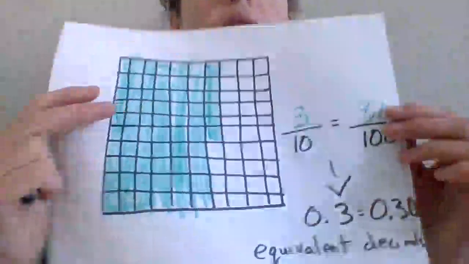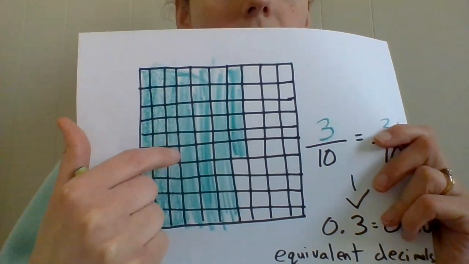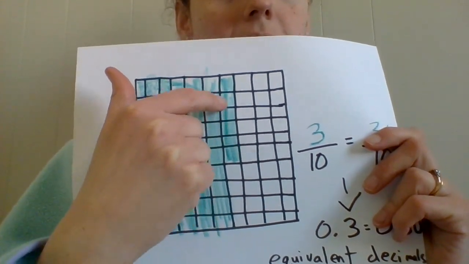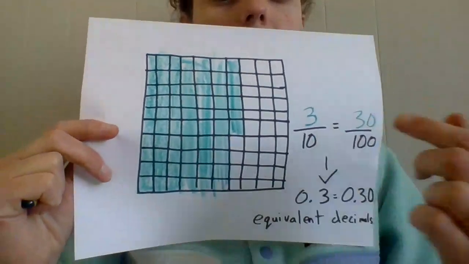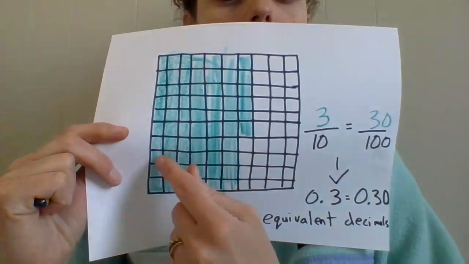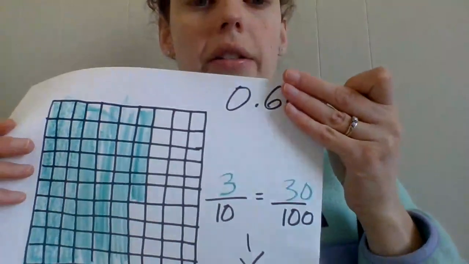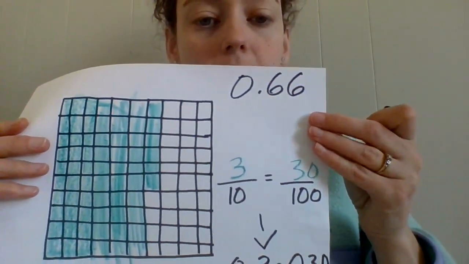Okay, so now we still have 1, 2, 3, 4, 5, 6. And then 1, 2, 3, 4, 5, 6. Okay, so now we don't have enough to make another 10th. We have 6/10 plus 6 more hundredths. So how would we write that? So that's going to look like this. 0.66. So we've got our 6/10 plus 6 more hundredths.